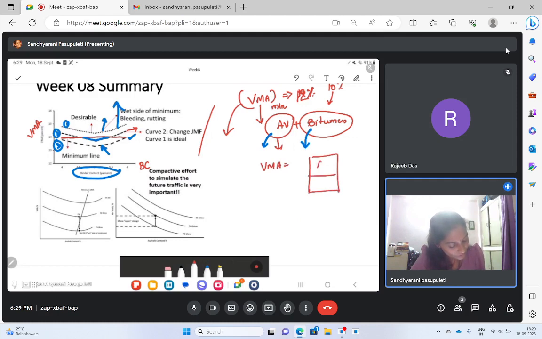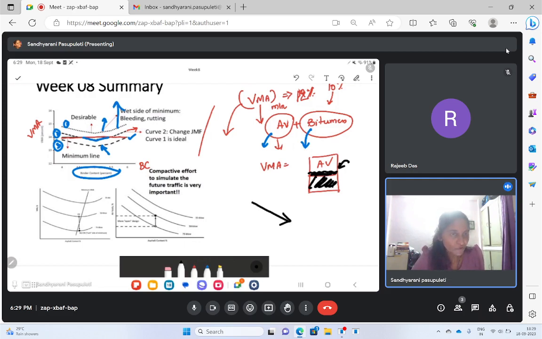So these are the air voids and here bitumen is filled. So if I keep adding bitumen, what happens? These air voids will be filled slowly. So when I keep adding the bitumen, air voids will be reduced and the mix will be compacted, and you can see the VMA would be reducing. Initially, let us say voids would be more.